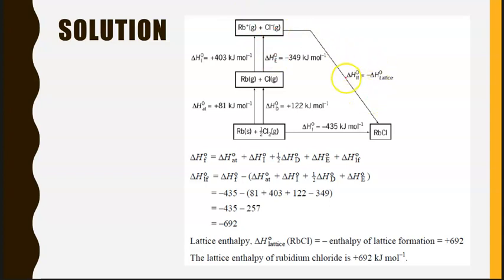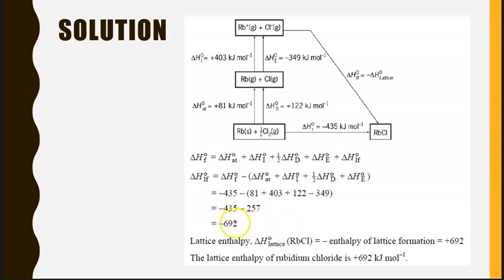So we now know that the lattice of formation is going to be negative of the lattice enthalpy. And then this delta H of formation at standard conditions we get from the data book as well. Substitute all those into the formula and you should have gotten negative 692 kilojoules per mole.